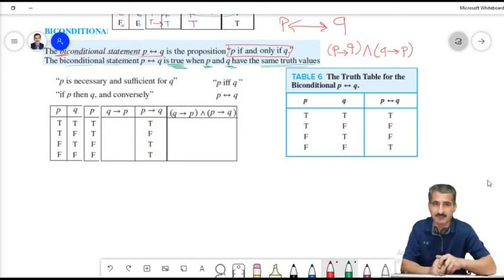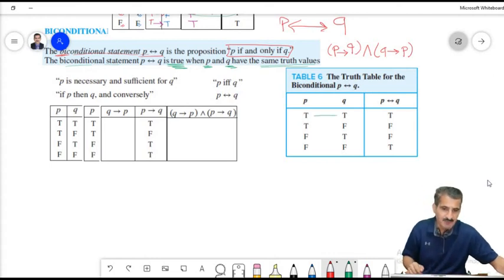Otherwise, it is false. Here we go. It is defined this way. True if and only if true, the whole statement is true. False if and only if false, the whole statement is true. But true if and only if false, this is false. False if and only if true, this is also false. Okay?